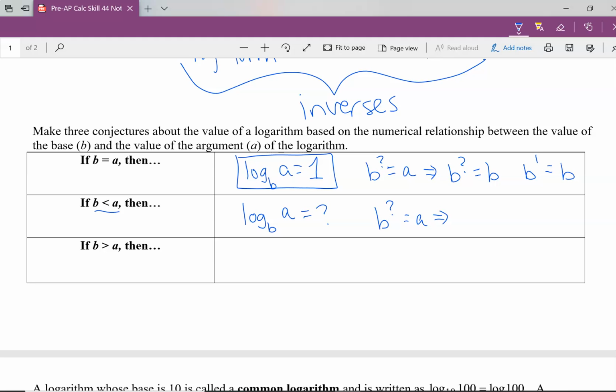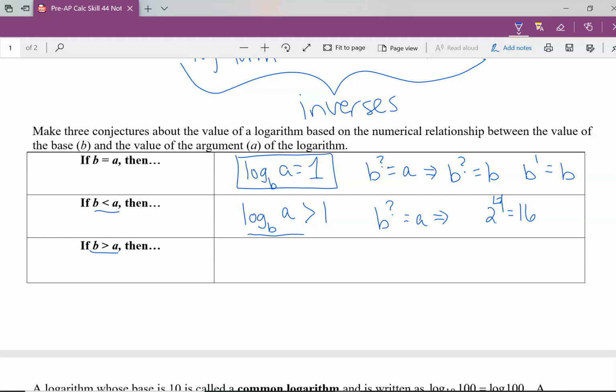So in this case, the logarithm would have to be greater than 1. Let's do an example. Let's say I had 2 to the something equals 16. So my b is 2, a is 16, b is less than a. That exponent would be 4. So what that's saying is that the value of this log base b of a has to be greater than 1.